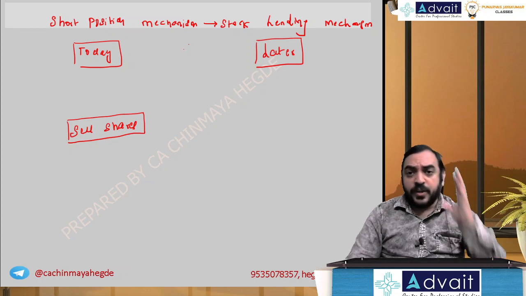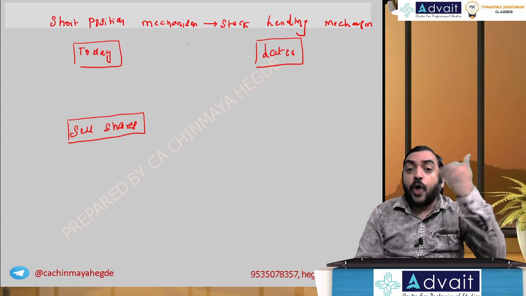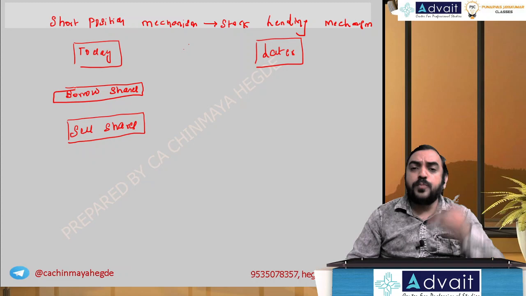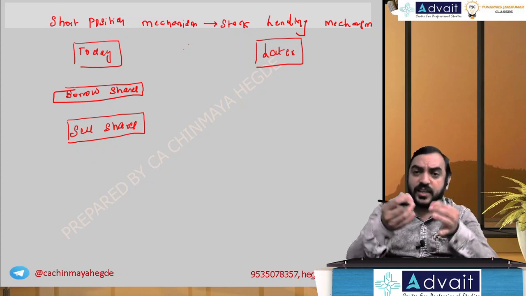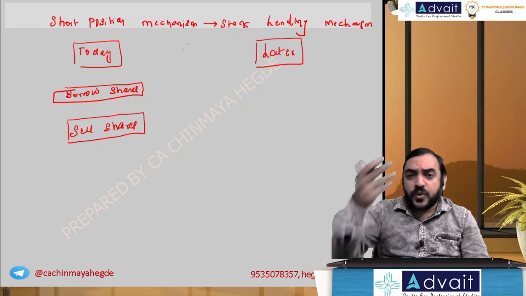Now, coming to your question, you don't have shares that you can sell. How can you sell? I will tell you now. You borrow shares. Sir, how to borrow shares? An agreement will be signed. Practically, how is it possible?